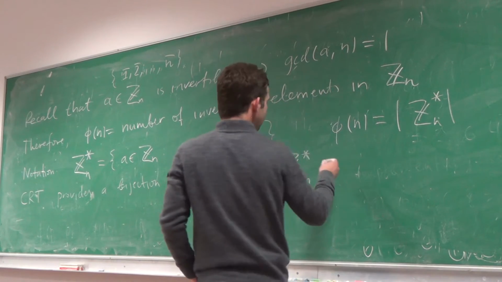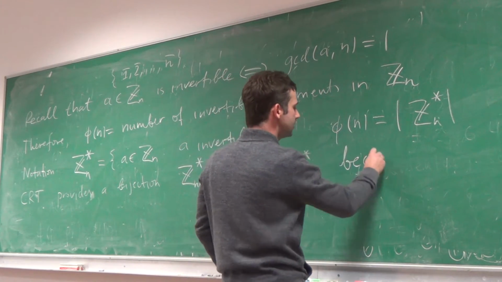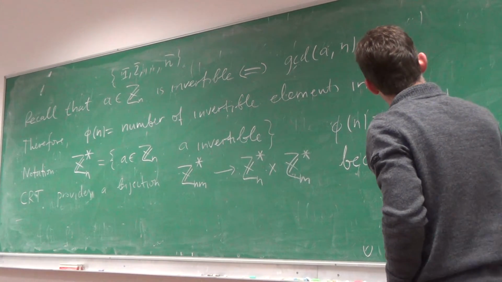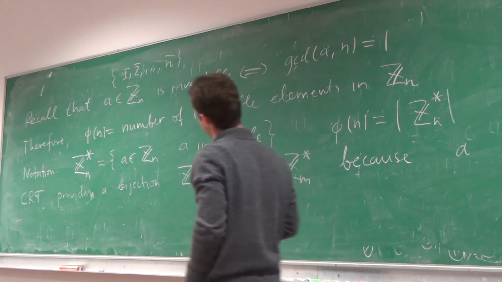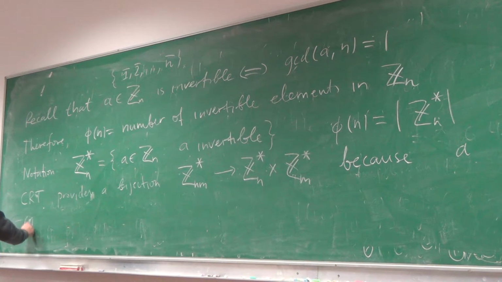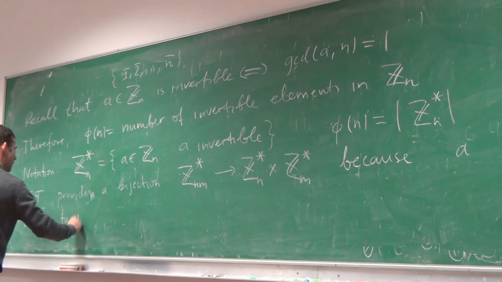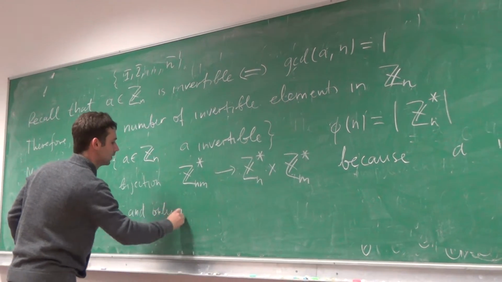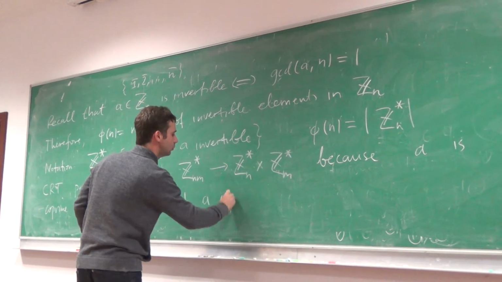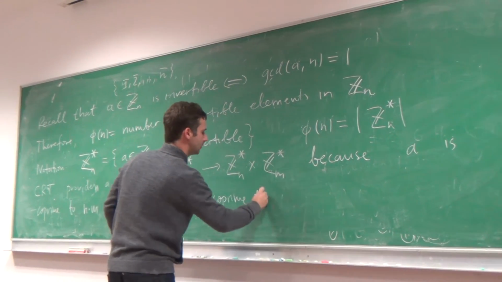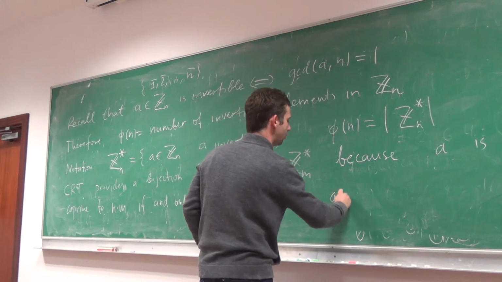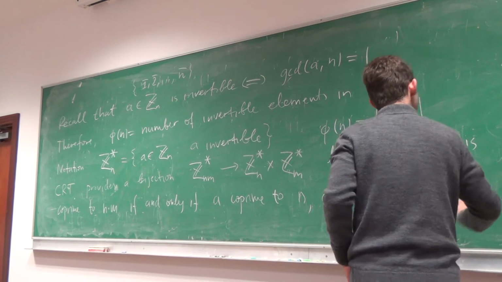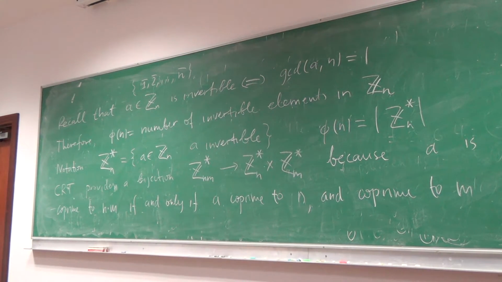And so we need a little bit of explanation here, so maybe I can say: because a is coprime to n times m if and only if a is coprime to both of them, to n and coprime to m. So I'm having this map, it's a bijection.